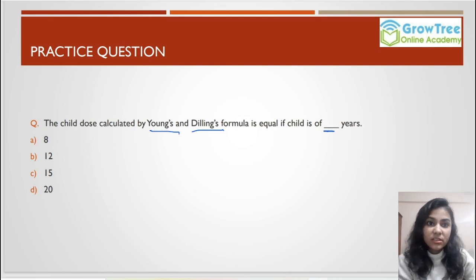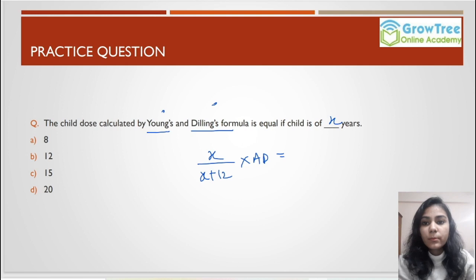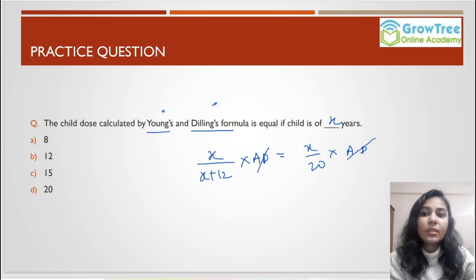Let's consider the age of the child as x. According to Young's formula, it would be x upon x plus 12 into adult dose equals x upon 20 into adult dose.